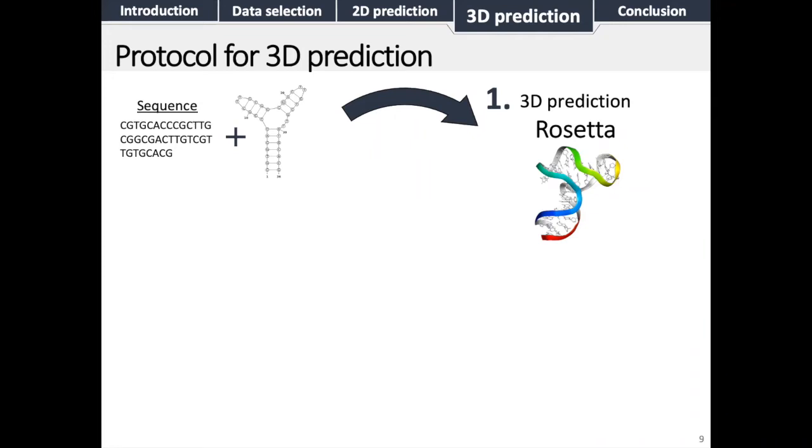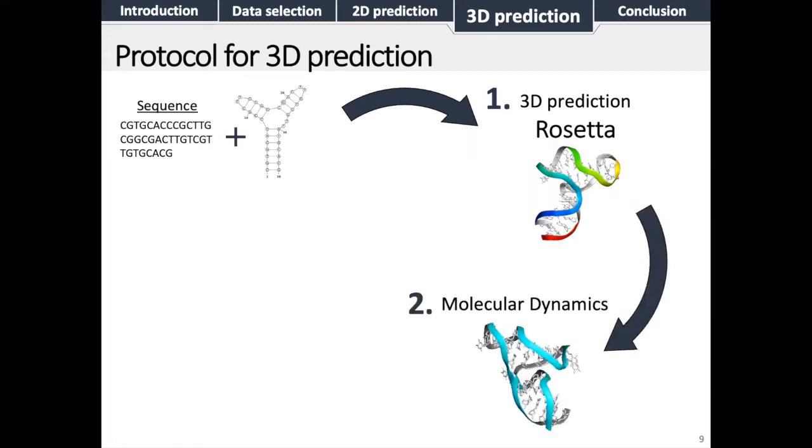And then we make the prediction with Rosetta, as it's a well-known suite of modeling software, which includes features in 3D structure prediction. However, the problem with Rosetta is that it gives only one conformation, and it cannot allow us to explore all the mobility of Aptamers structures.